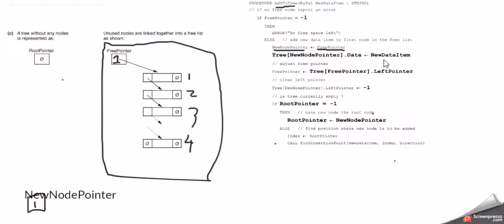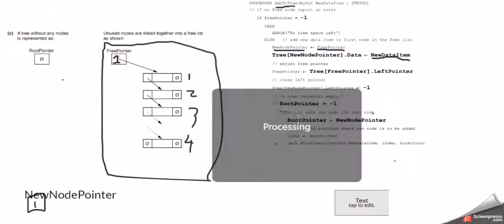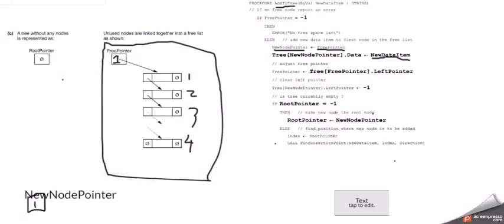Then what we're going to do is get the data we're going to enter. So let's imagine our data was London. So whenever we talk about new data item, and that is going to be London.